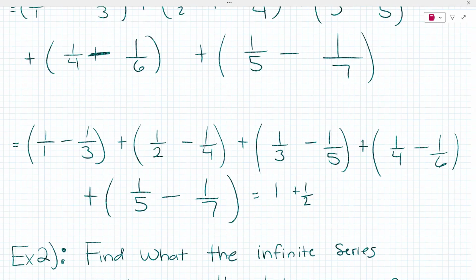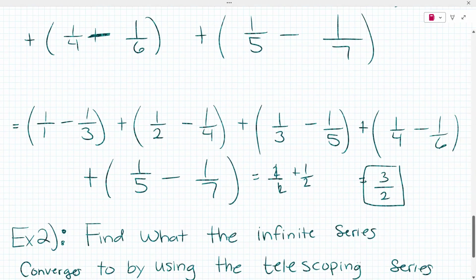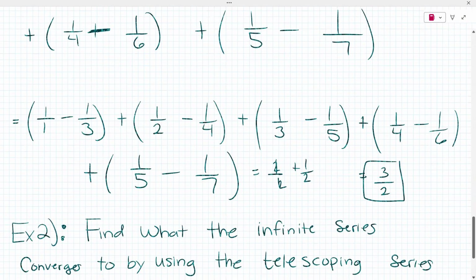So your final answer will be 3/2, because 1 over 1 is 1, and 1 plus 1/2 is 3/2. So yes, the final answer will be 3/2. Okay, let's move on to example 2.